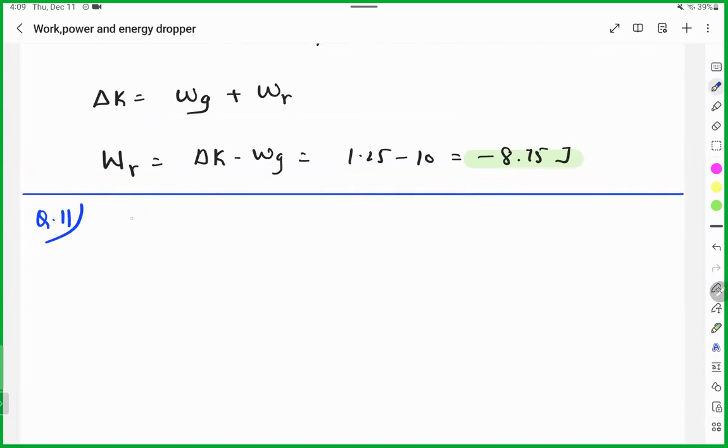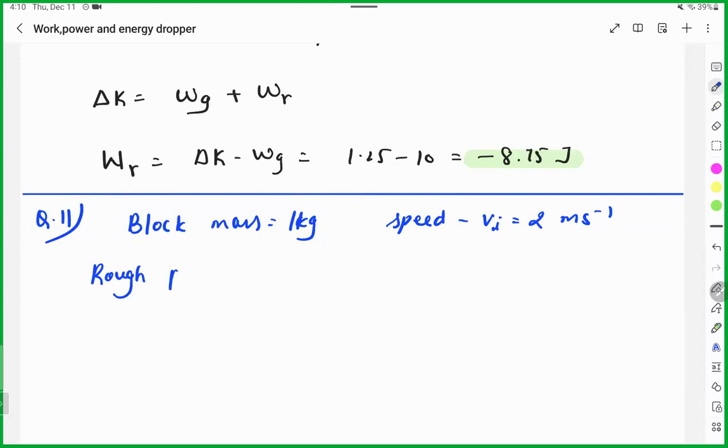You have a block. Block mass is 1 kg, moving on a horizontal surface with an initial speed of 2 meter per second. It enters into a rough patch from x = 0.1 meter to x = 2.01 meter.